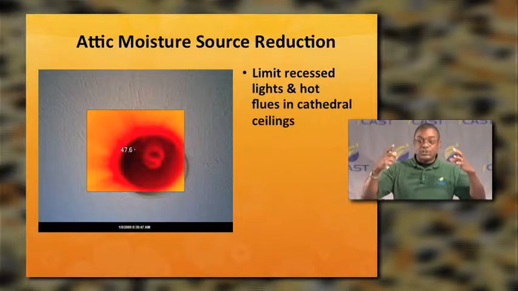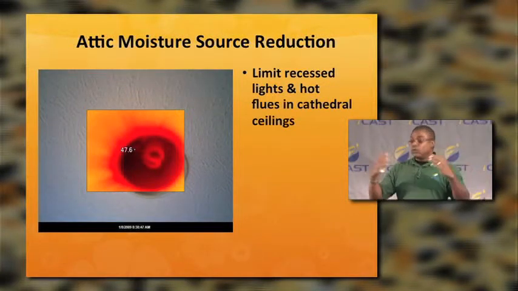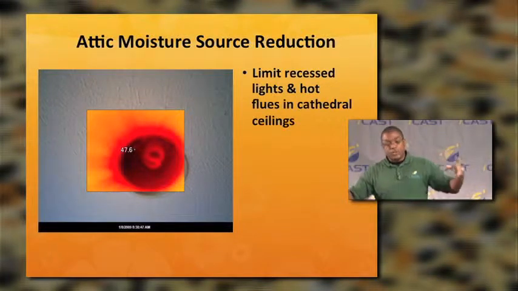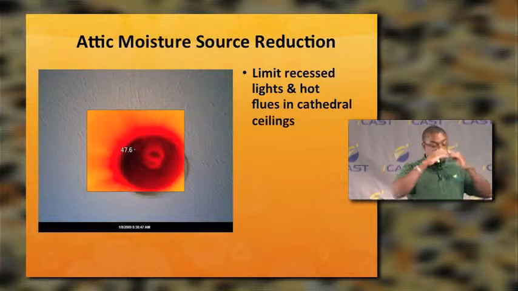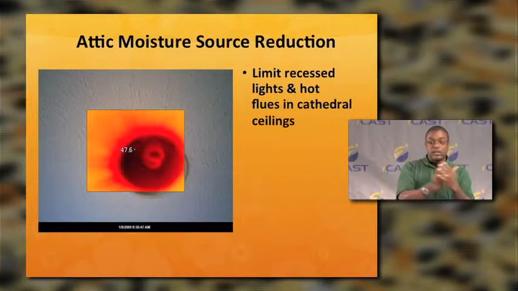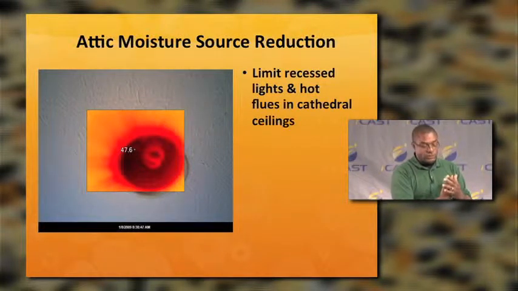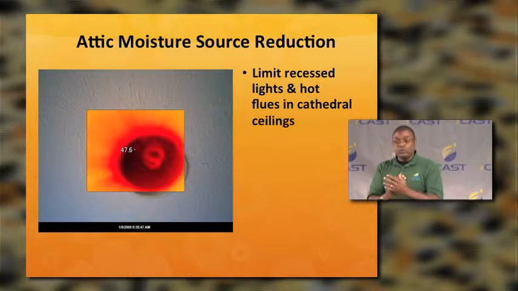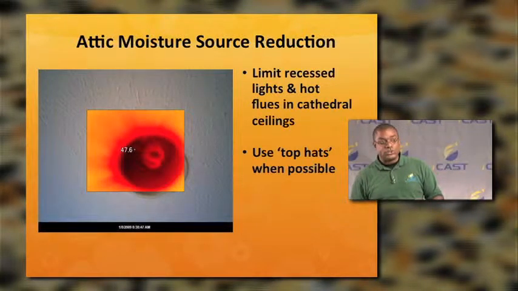Now, imagine if we had a can light in a bathroom, lots of moisture going on in a bathroom. That moisture goes out through that can light into the attic. Let's just say it's a cathedral ceiling. So it goes up into that cathedral ceiling, it hits that roof deck, and that moisture condenses on that cold surface. So we use, whenever possible, a top hat. We're going to see pictures of those in just a minute.